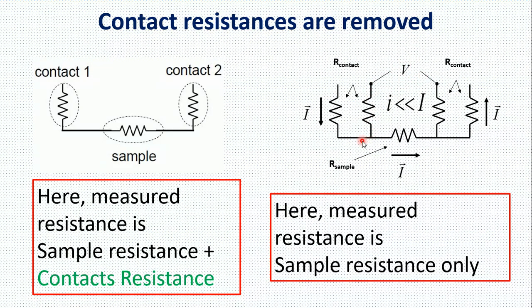So the current flowing through this loop is very small; that is, small i is very much less than capital I. The contribution here is very small, so almost the total current I passes through the sample, and we can get the actual voltage drop across the sample and calculate its exact resistance. That's how in the 4 probe measurement process we get only the sample resistance, removing the contact resistance.